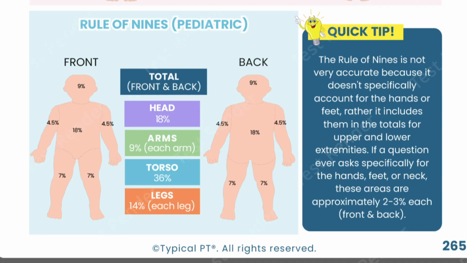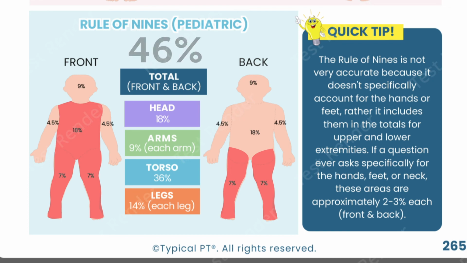Let's say they asked you about the entire anterior trunk and the entire anterior and posterior lower extremities. Then we would have 18, and then we'd have 7 times 2, which is 14, times 2 again, both sides here, which is another 14. So we have 28 plus 18, which is going to be 46%. So that's something you just need to be able to do off the top of your head.